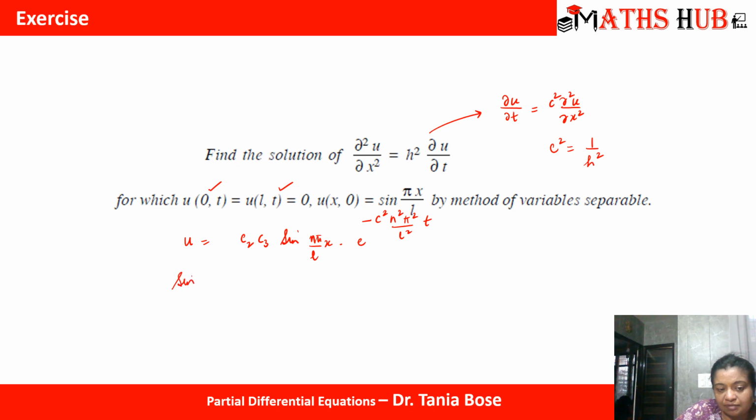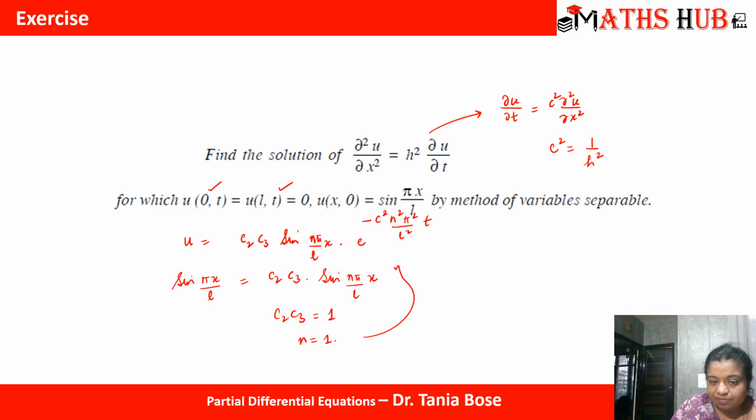You will have sine pi x by L equal to C2 C3. When you put t equal to 0, this term will vanish and you will have sine n pi by L x, right? So when you compare, C2 C3 will come out to be 1 and n will come out to be 1, right? So you can put it back in this expression and u will finally come out with C2 C3 as 1, n as 1.